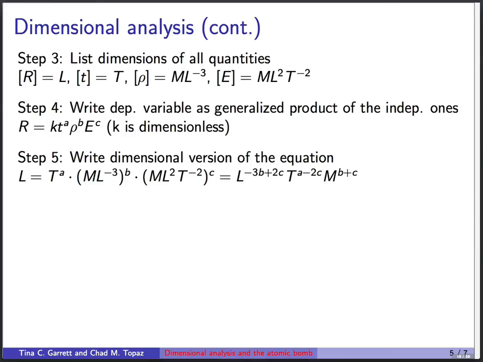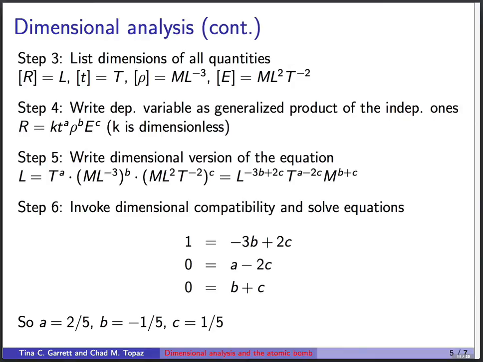The new step is step 5, where we write the dimensional version of the equation. So r, as we know, has dimensions L, k carries no dimensions, t to the a gives us capital T to the a, rho to the b gives us M L to the minus 3, all to the b power, and E to the c gives us M L squared T to the minus 2, all to the c power. Then we can combine the L's, the T's, and the M's. We get this expression here.